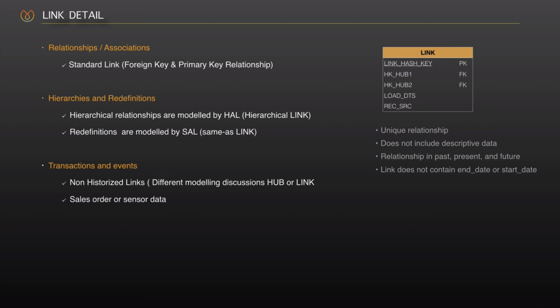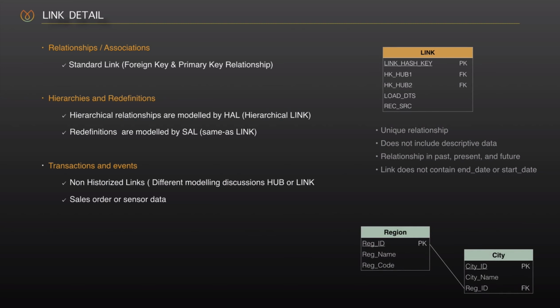Links in Data Vault modeling are used to model relationships between entities, entities like persons, places, things, or events. For example, the interaction between a customer and a customer group, or between region and city, are all examples of relationships. And you may remember that the main thing that helps us find a relationship is the primary key, foreign key relationship between the tables.